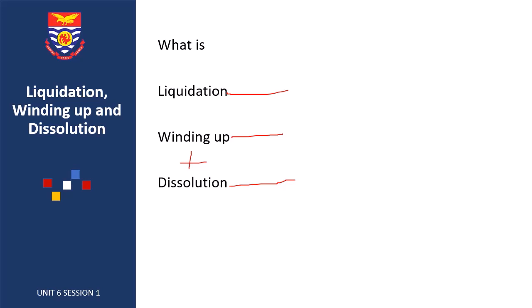The process involved in winding up includes appointment of a liquidator. The liquidator will take possession of the assets of the company, sell them, and pay liabilities after gathering all the resources.